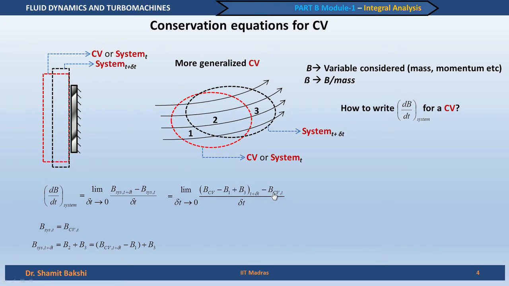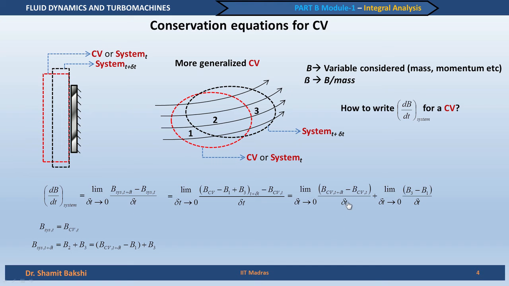So, this helps us to write expressions in terms of the control volume. In the sense, if we club these two parameters, b c v at t plus delta t and b c v at time t, then we can write an expression like this, which is very similar to the time derivative like we have shown here.